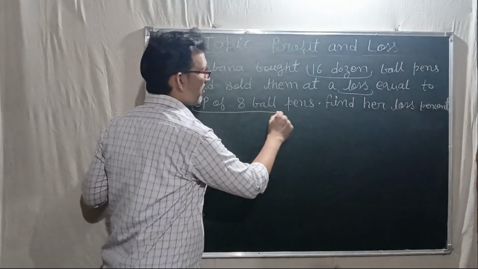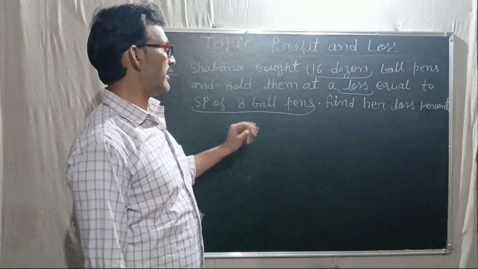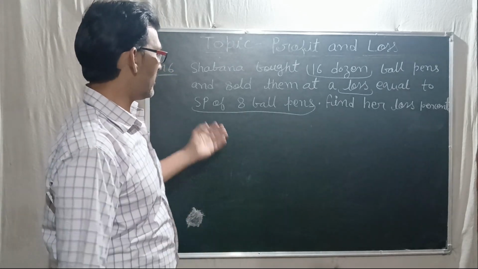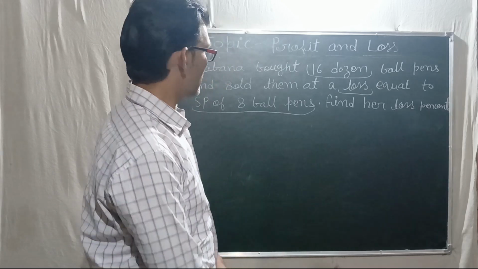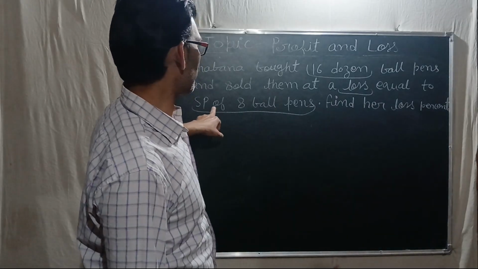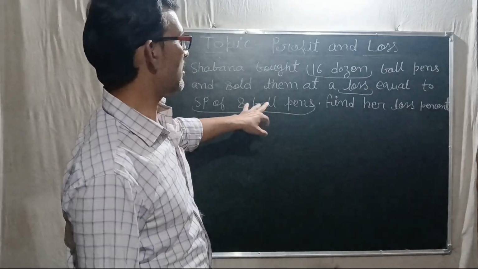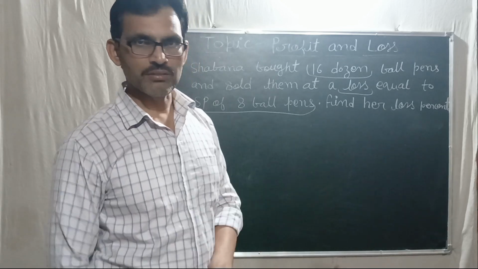We can find the loss if we know the selling price of ball pens. Here the loss is equal to the SP of 8 ball pens. According to that loss, we can calculate the cost price also.